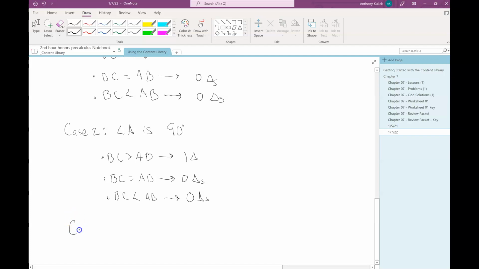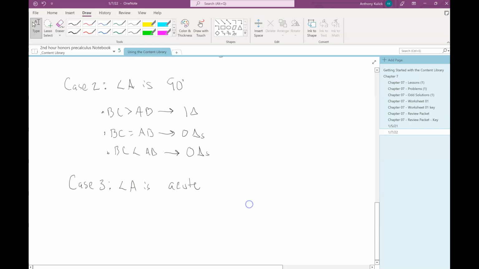All right. The last situation then would be where A is acute. And here, if BC is the biggest side, that's okay. Just one triangle is possible. If they are equal in length, that's okay.